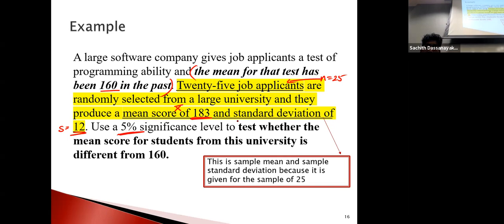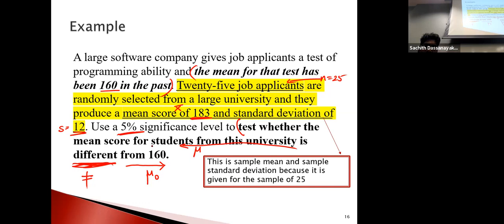So what do you have to test? Test whether the mean score for students from this university is different from a value. The keyword is different. As I mentioned, the right hand side of this keyword is always your mu naught, and the left hand side is always mu.